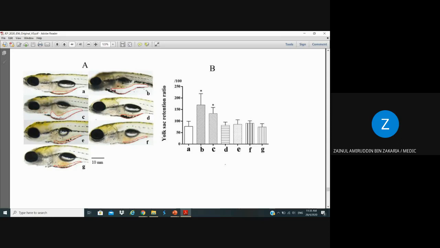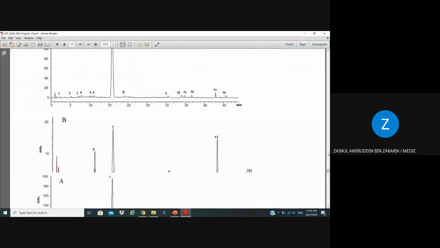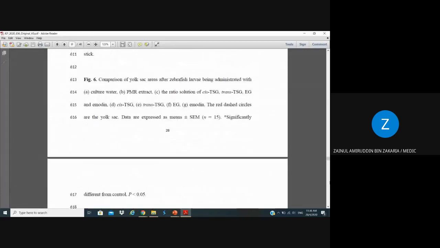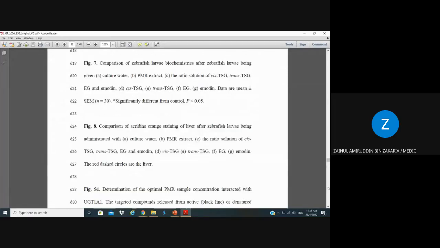This is an indicator of liver hepatotoxicity. Need to see what is B, C, D, E, F. I think B, C, D, E, F is the type of extract.